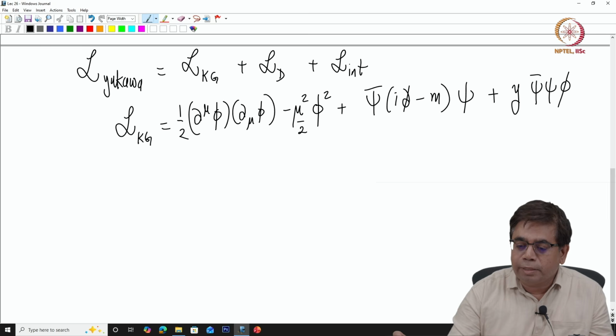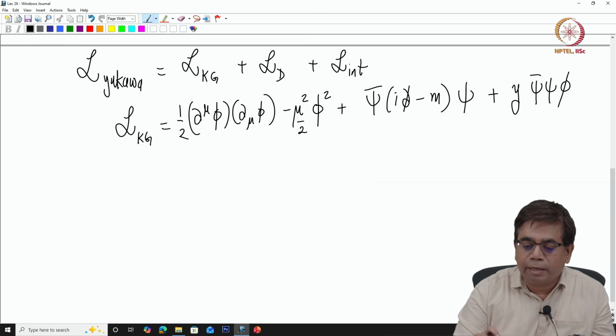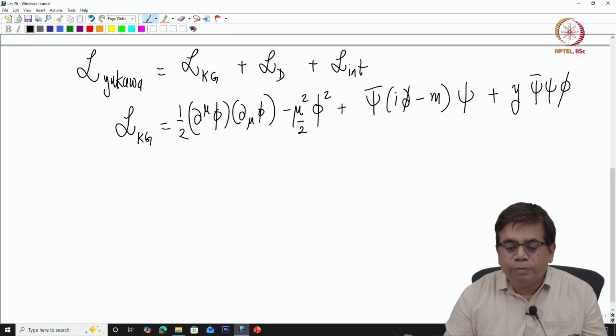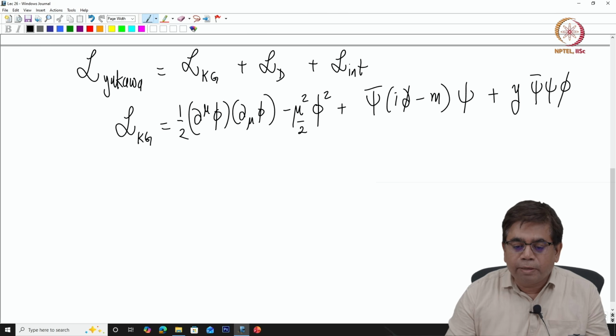This is psi bar i del slash minus m psi, the Dirac Lagrangian, where m is the mass of the Dirac fermion, and phi is the mediator for the Yukawa interactions. Now, instead of doing it with Wick's theorem, the process we looked at is essentially psi-psi going to psi-psi.